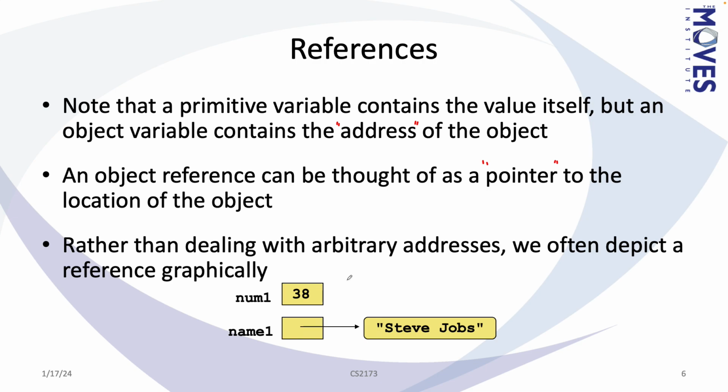Okay, so graphically, here's a number, and the contents. If this is declared to be an integer, the contents of the thing it's referencing is the number itself. So here num1 has the value 38. Whereas here, notice that a string is going to, under the hood, consist of these different characters.